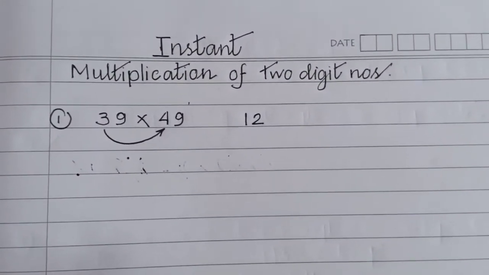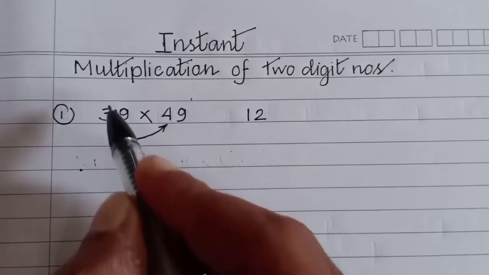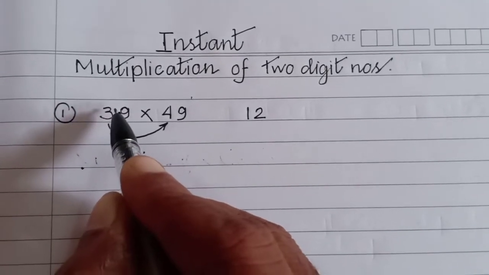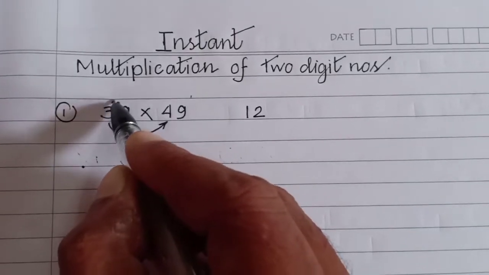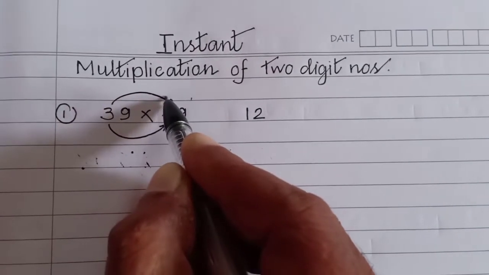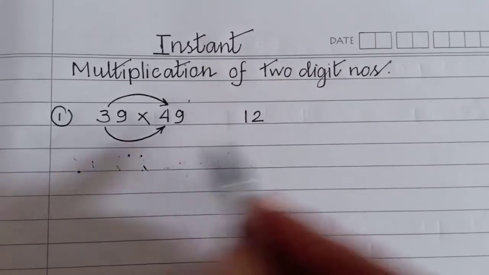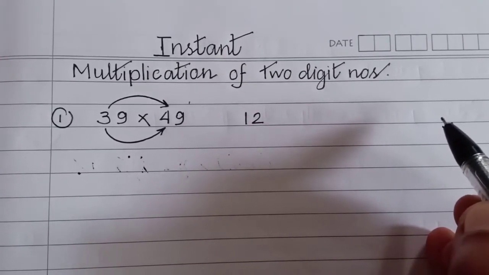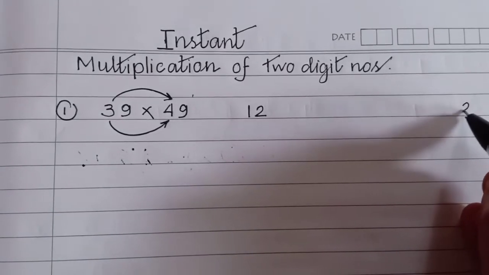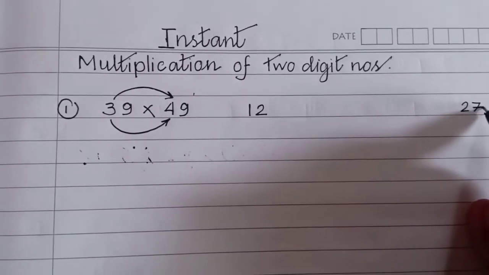In the next step, you have to make a multiplication of this type: 3 into 9. How much is 3 into 9? It is 27. You write here 27.